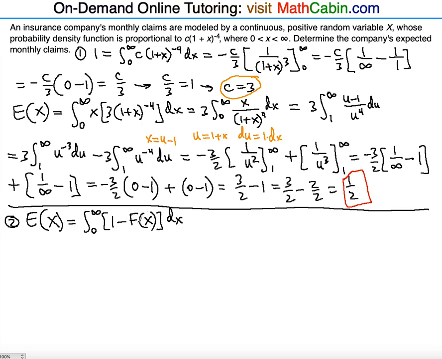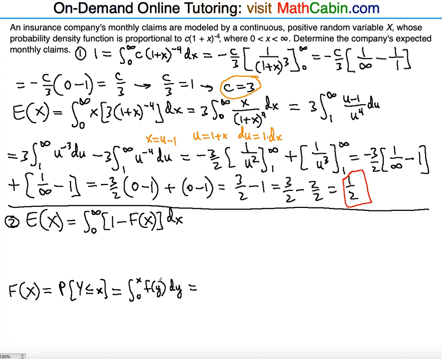So how do we find the cumulative distribution function of x? Notice that we can write it here. The cumulative distribution function of x can be thought of as the probability that the random variable y is less than or equal to x. Y is a dummy variable; you could have thought of z, t, any variable you want. And that is equal to the integral from 0 to x of the function of y dy.